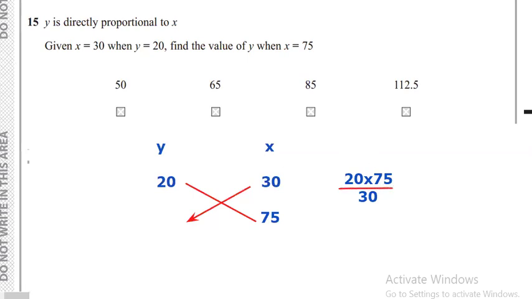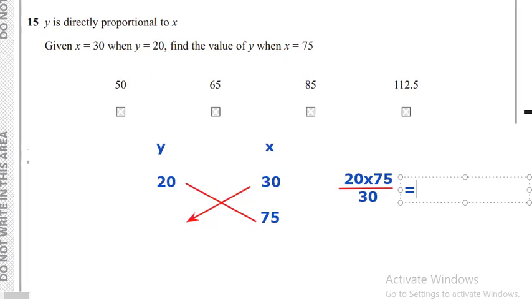We can do this in the calculator like this. 20 times 75 and then divided by 30. And the answer is 50. The answer is 50, which is the first one on the answer. So 50 is the right answer.